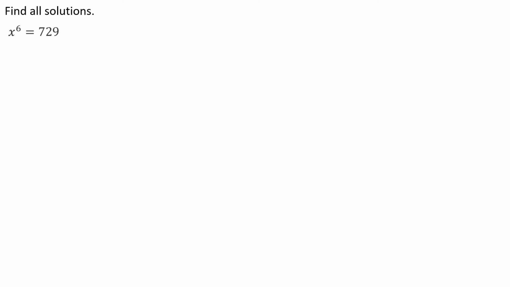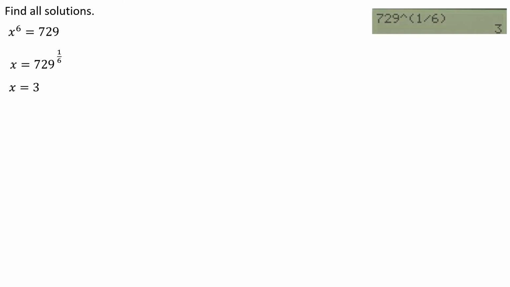Okay, so let's try one more of these real quick. x to the 6th power is 729. Well, I can find one solution just by taking the 6th root. Right? 3 to the 6th power is 729. So I've got one solution, right? Use a calculator if you need to.